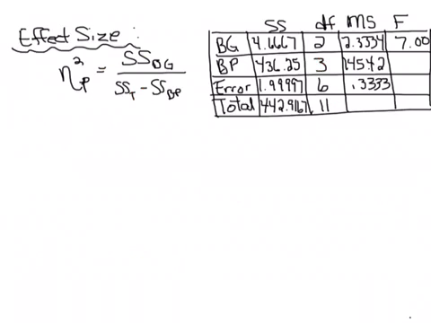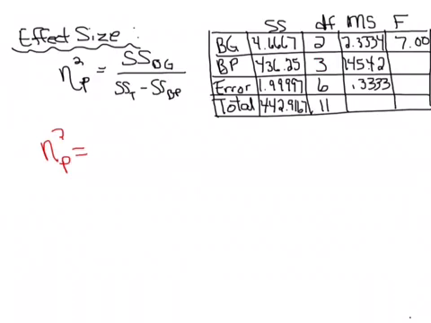Okay, so for effect size, I have my little table here filled in with what we had. It's the sums of square between groups divided by the difference between sums of square total and between persons. It's called a partial eta squared.